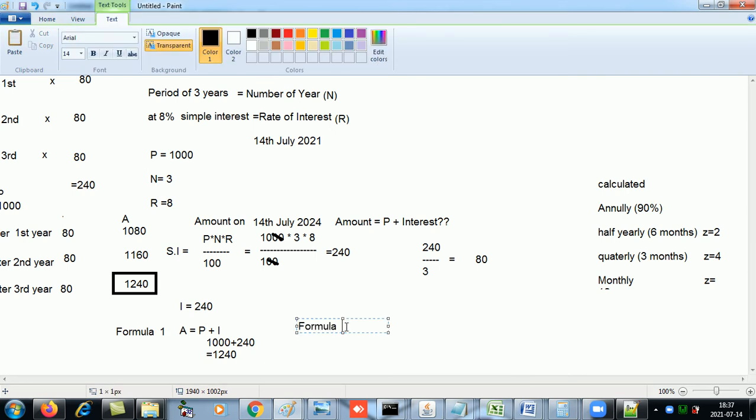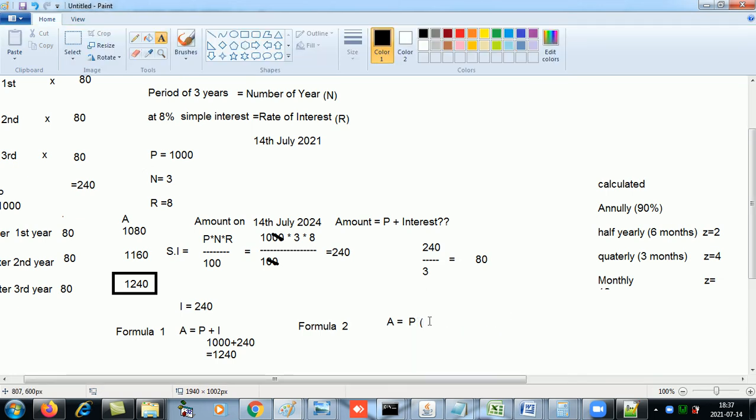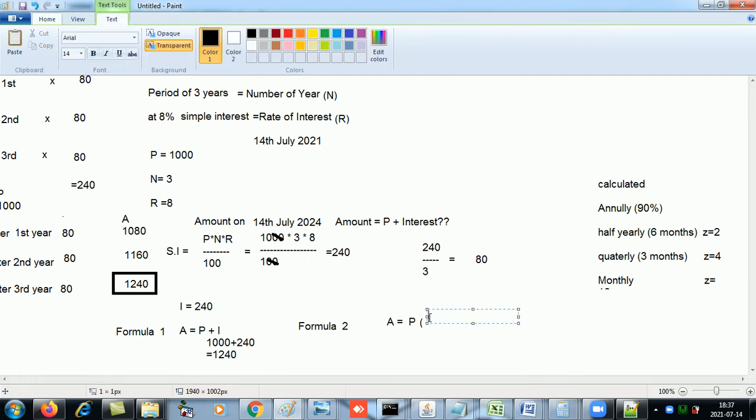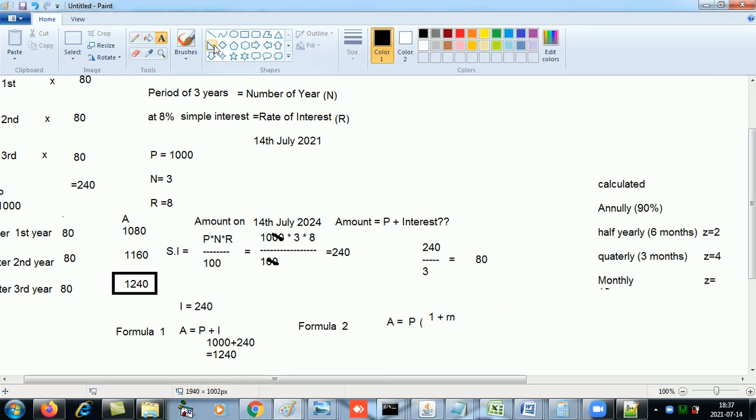That formula 2 for simple interest, to calculate the amount directly, is A equals P, brackets, 1 plus Rn divided by 100.